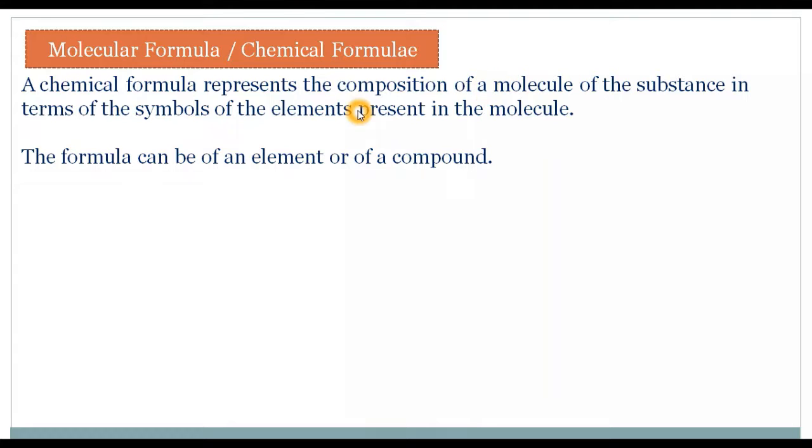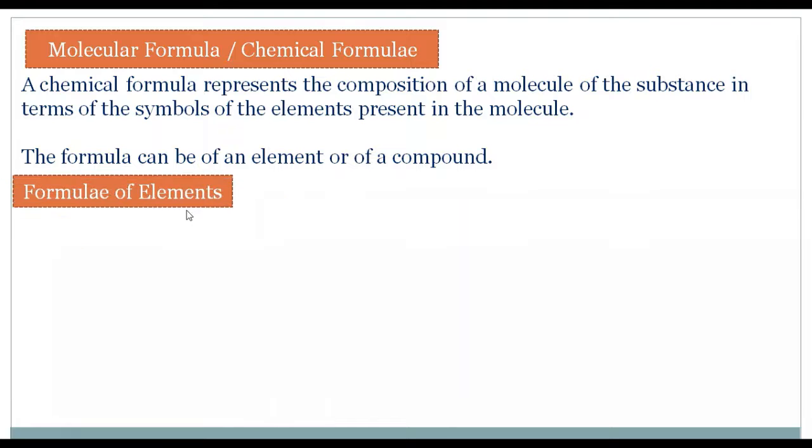That means we have to represent the elements with the help of symbols, which we learnt in the previous lecture. Molecular formula is also known as chemical formula. Okay, so the formula can be of an element, or the formula can be of a compound.